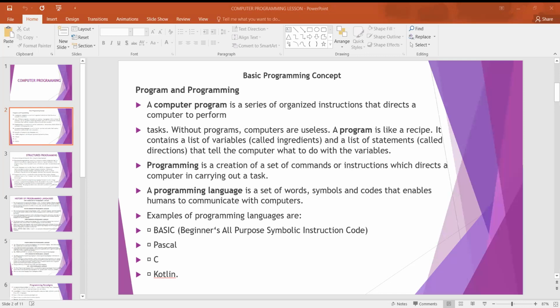Which programming language do you know? We have Visual Basic. Visual Basic is right. Terer, give us an example. C#. Yes, that is right. Those are some of the examples of programming languages that exist. There are very many of them.